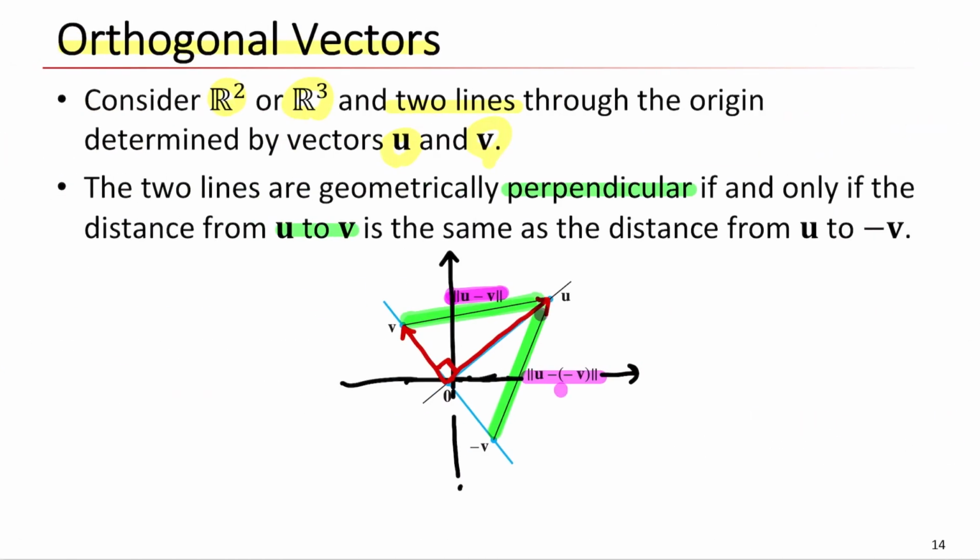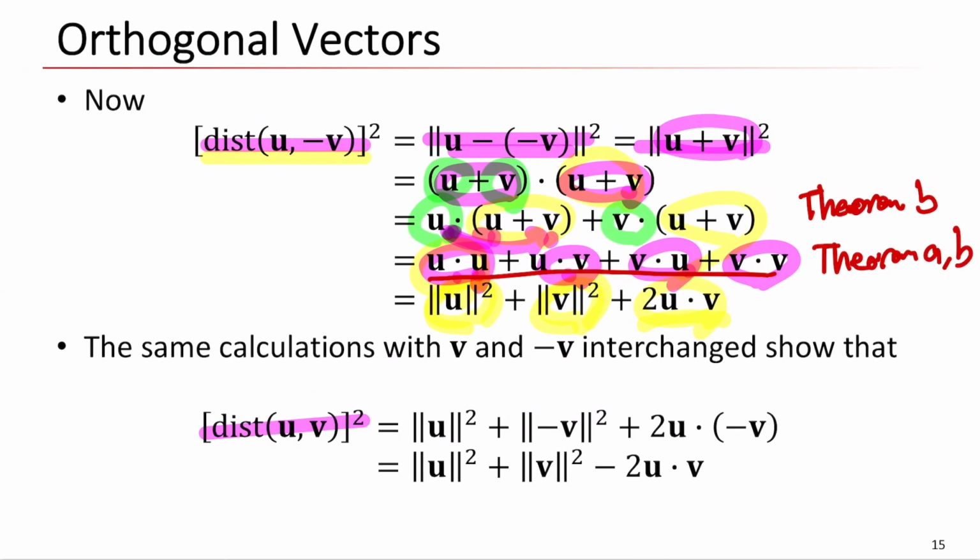Similarly, we can define the distance of u and v, this one, right? So from here, we can just modify negative v to v, or v to negative v, right? Because this is just the reverse definition. So this will be the square of the length of u, the square of the length of negative v, and 2 times u dot negative v, right?